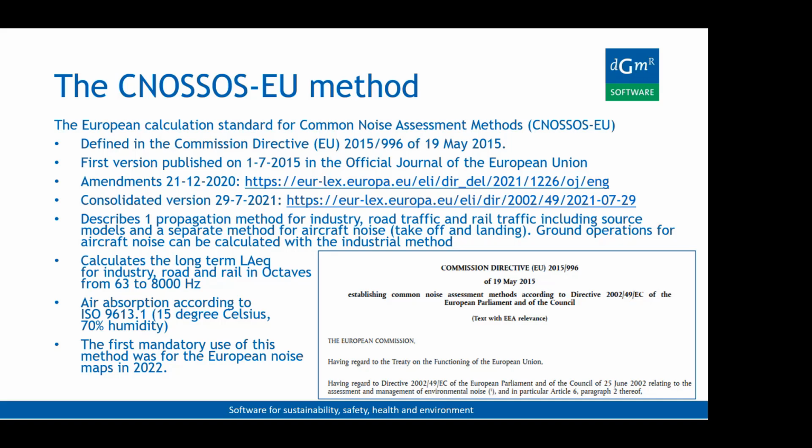This method calculates the long-term average LEQ level, the LAEQ, for industry, road, and rail in octaves from 63 till 8000 Hz. The air absorption is according to the ISO 9613-1, and the first mandatory use of this method was for the European noise maps in 2022.